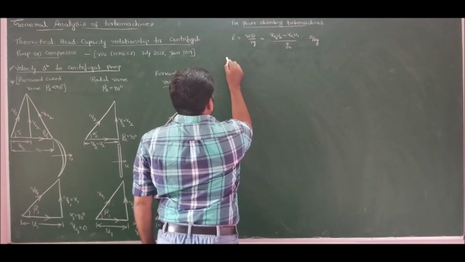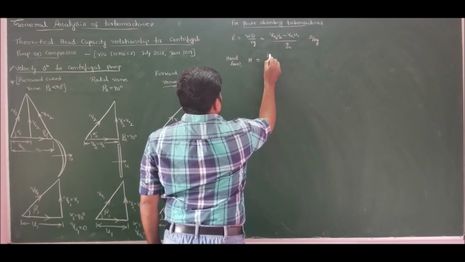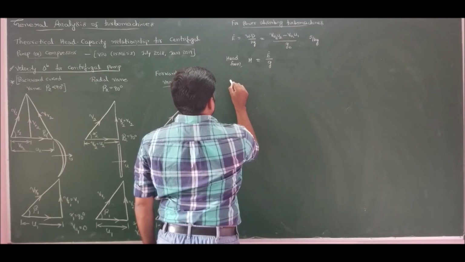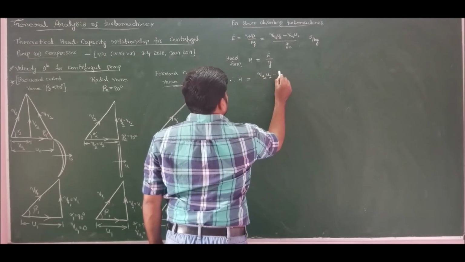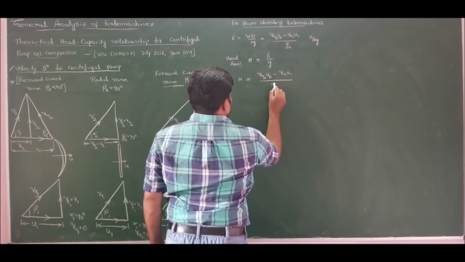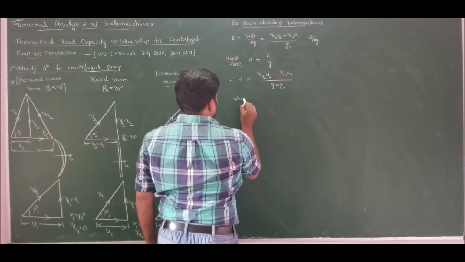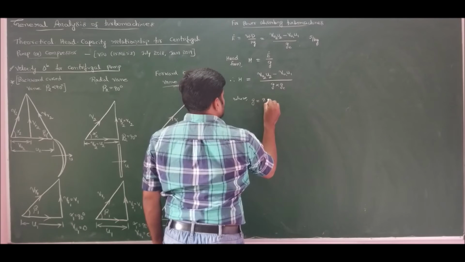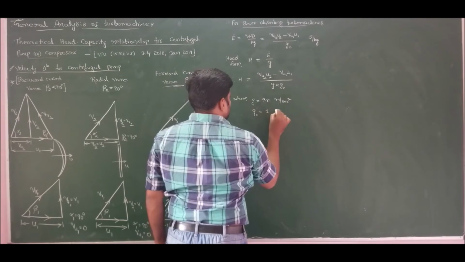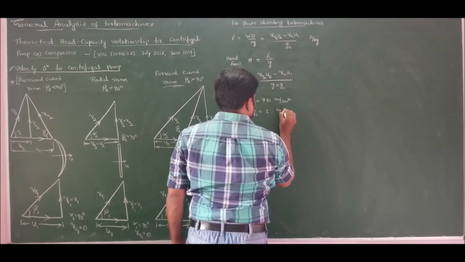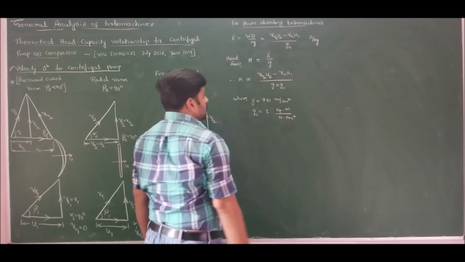So the head form of Euler's equation of energy transfer is given by (VU2 U2 minus VU1 U1) by g into gc, where g is 9.81 meter per second square, whereas gc is 1 kg meter per Newton second square. This we have discussed in lecture 1 itself.